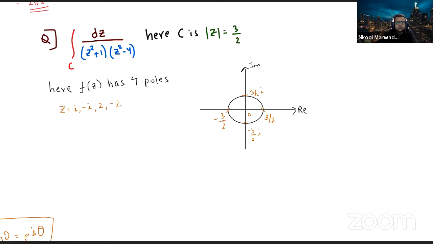Since z equal to 2 and minus 2 are outside the circle, we can ignore them.